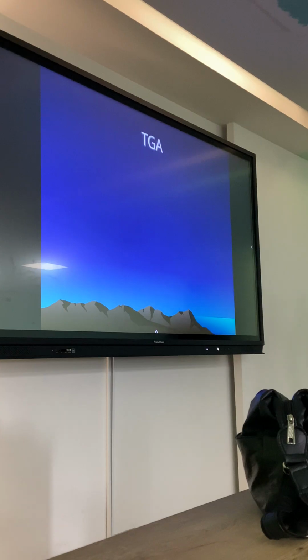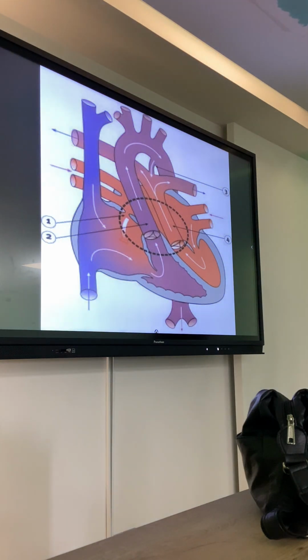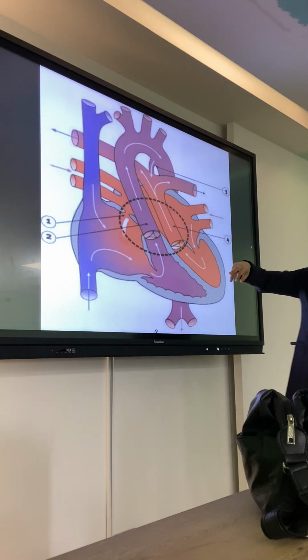I'm a rich man, I have a lot of great arteries. All of us have two: long arteries and big arteries. Number 1 is the aorta and number 2 is the pulmonary artery.